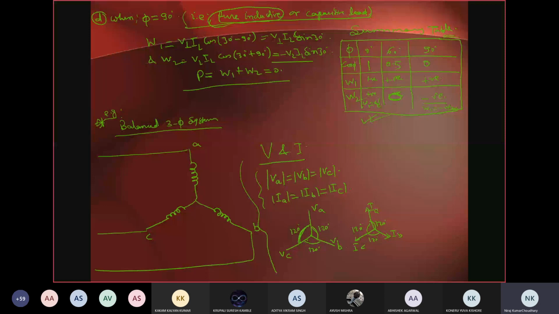balanced, right? Now if we talk about a balanced load, suppose there is a 3-phase load, this is the source. It may be either an alternator or any 3-phase generating source.